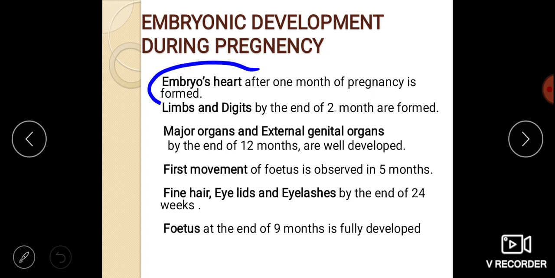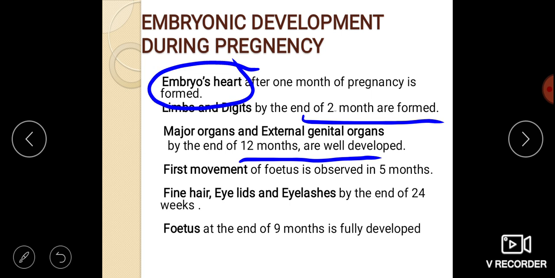So it is always advised to a pregnant lady to go for her medical checkup. The heart sound can be felt by the doctor on the stethoscope. The limbs and digits are formed at the end of 2 months. Major organs and external genitalia are formed by the end of 12 weeks.